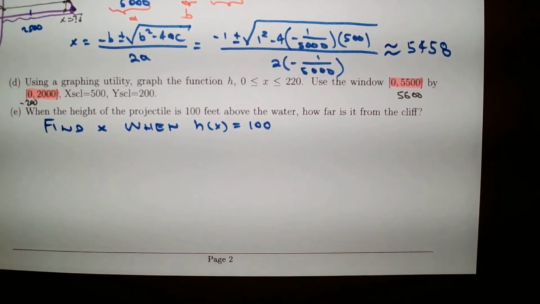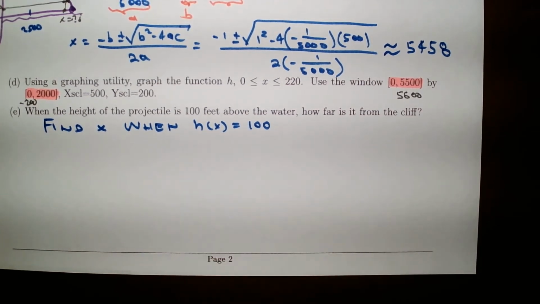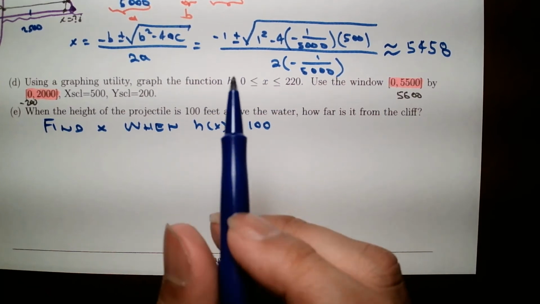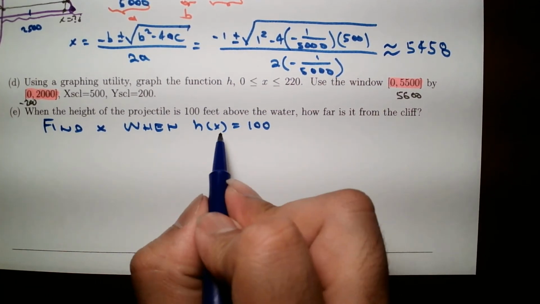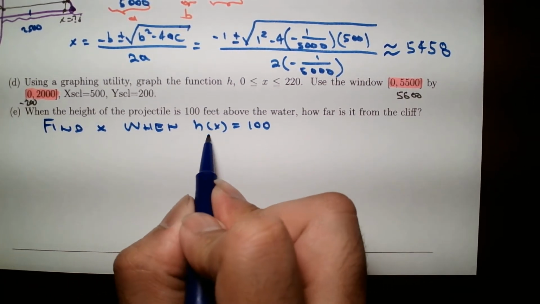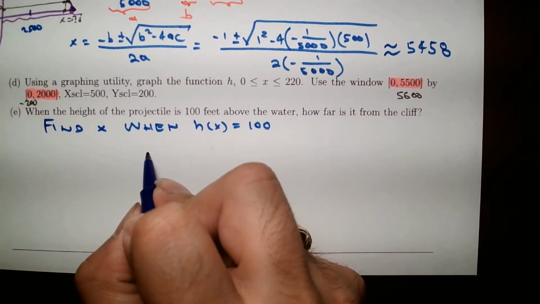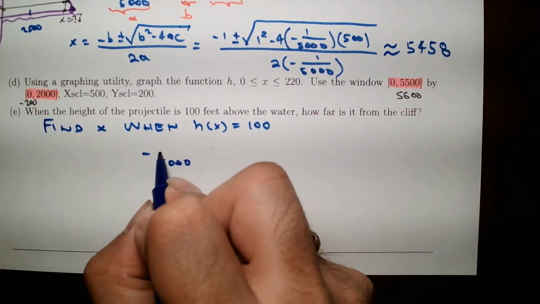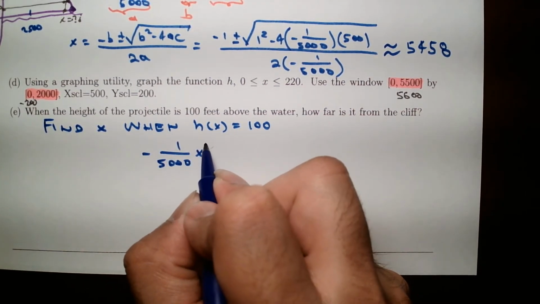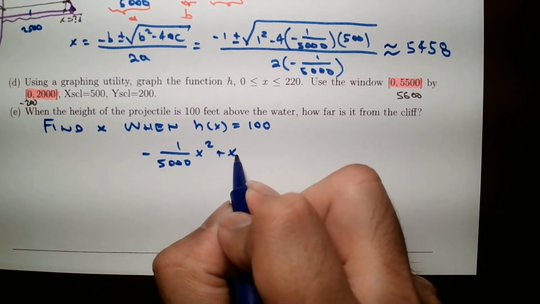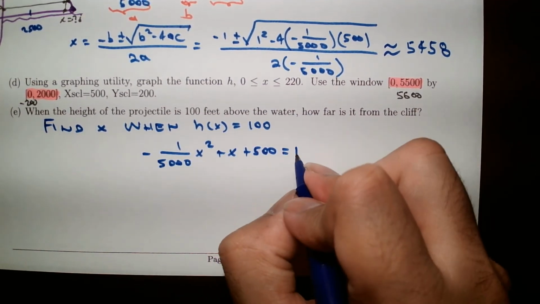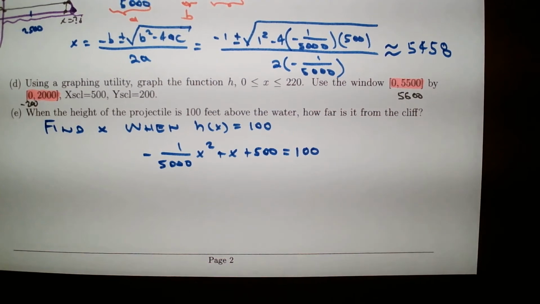All right, so let's see. What we need to do in this case is go back to our original function h of x, again, that's negative 1 over 5,000 x squared plus x plus 500 equals 100. Let me leave it here.